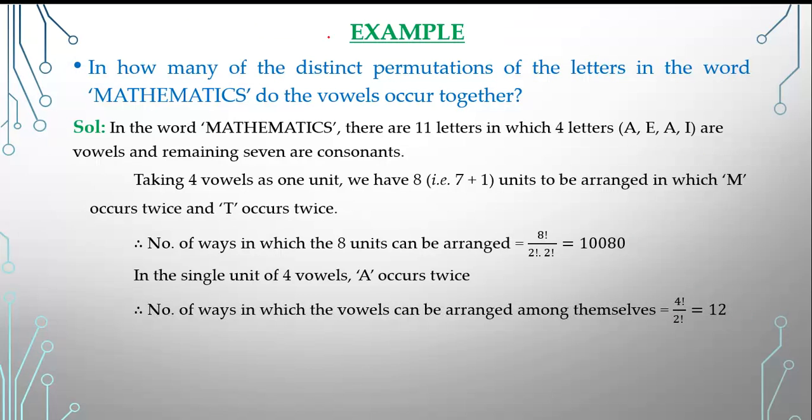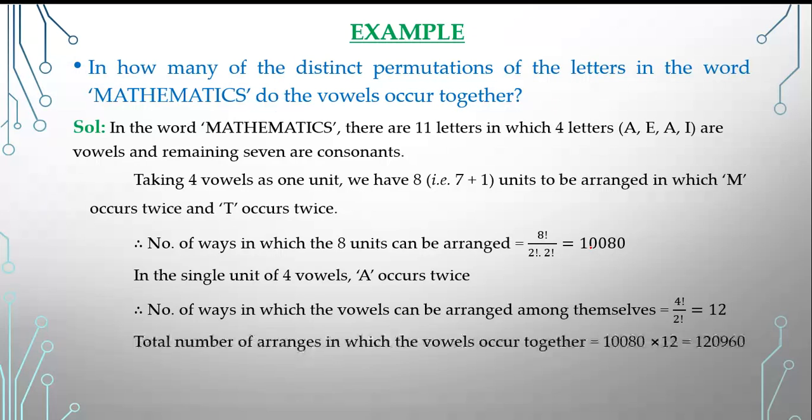So the combined number of distinct permutations is 10080 multiplied by 12. This is the required permutation of the word mathematics in which the vowels are together.